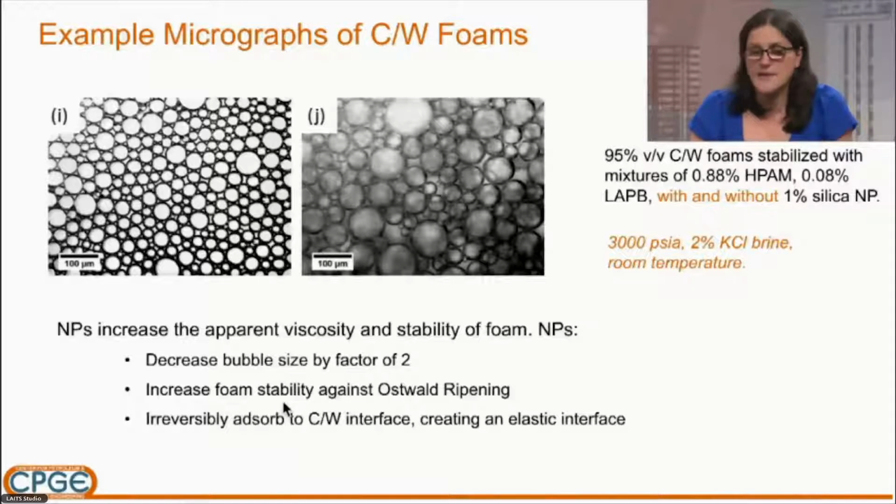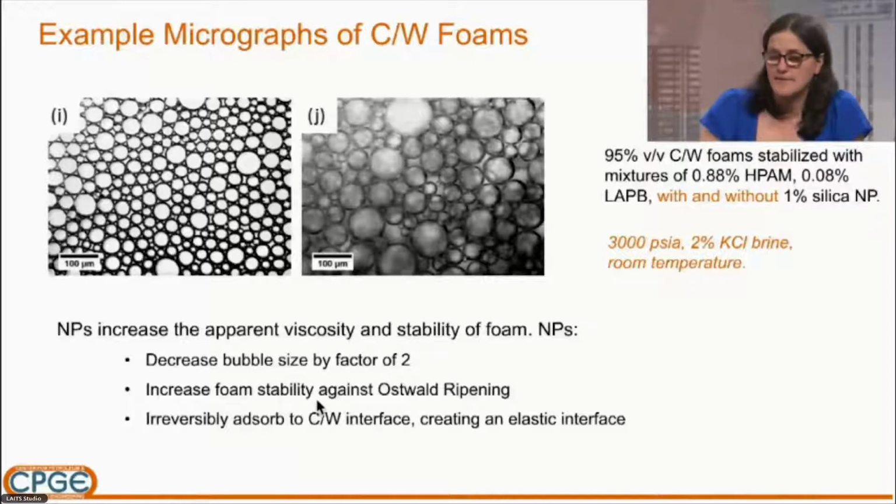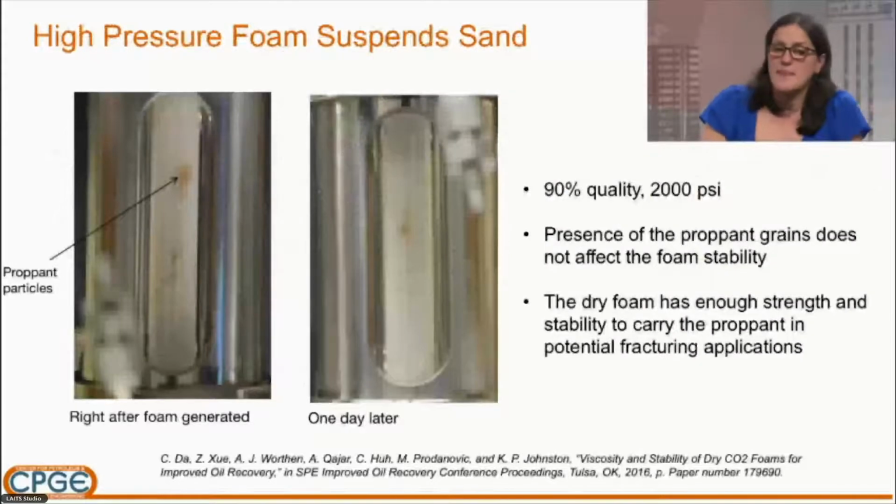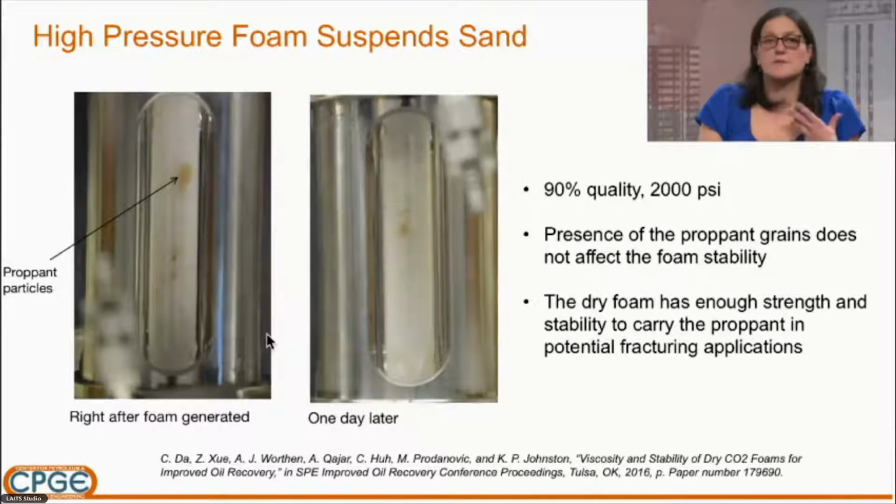The lining of the nanoparticles in the lamella increases the stability against Ostwald ripening. We actually see nanoparticles irreversibly adsorbed to the interface, which creates a bit of an elastic interface and also prevents lamella merging.